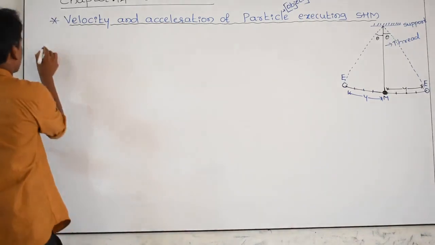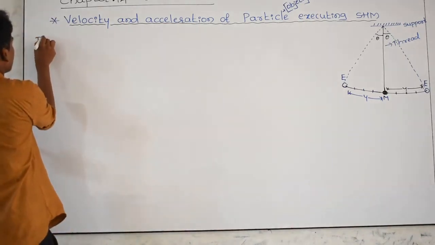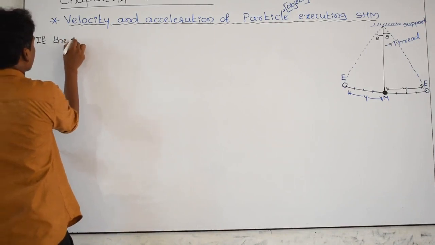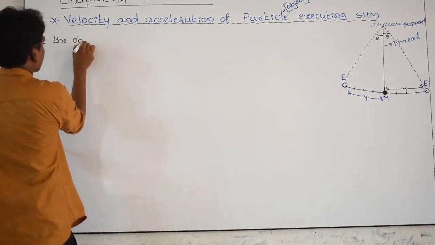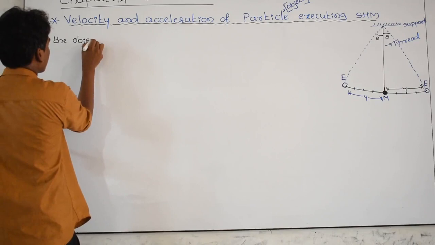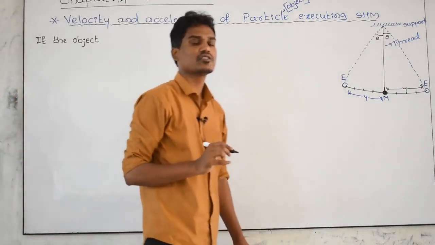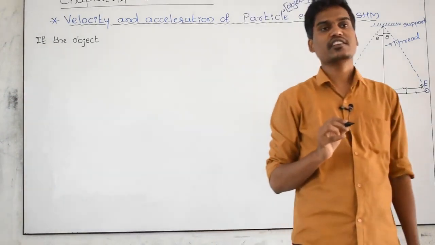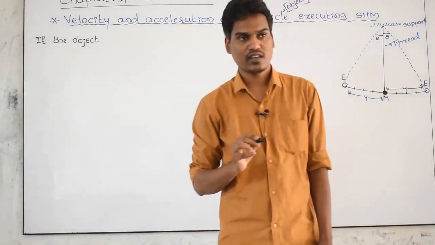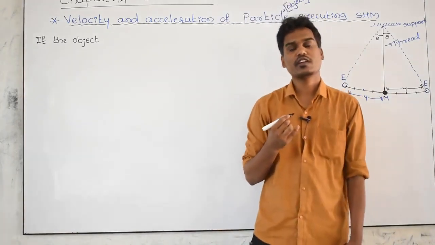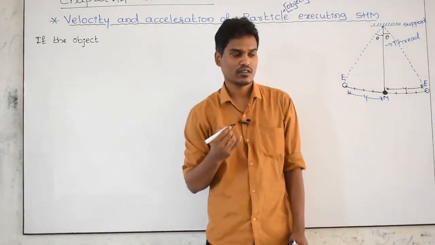If the object is executing SHM, its displacement from the mean position can be found by using one formula, that is y equal to a sin omega t, and another formula I have discussed, y is equal to a into cos omega t.